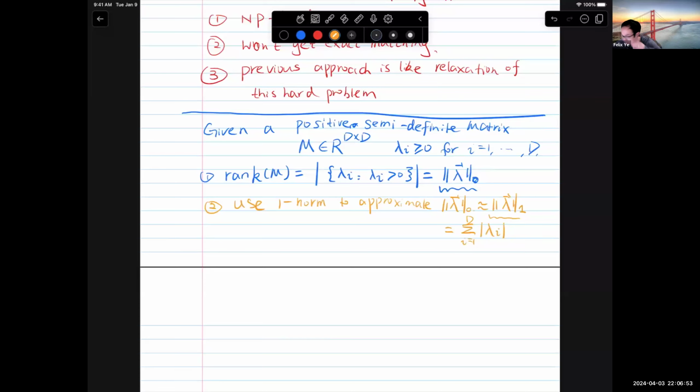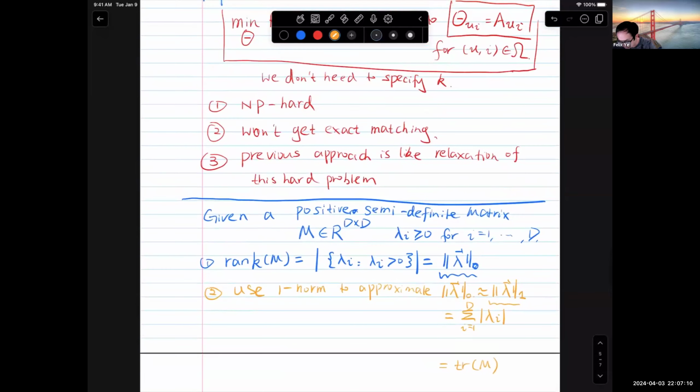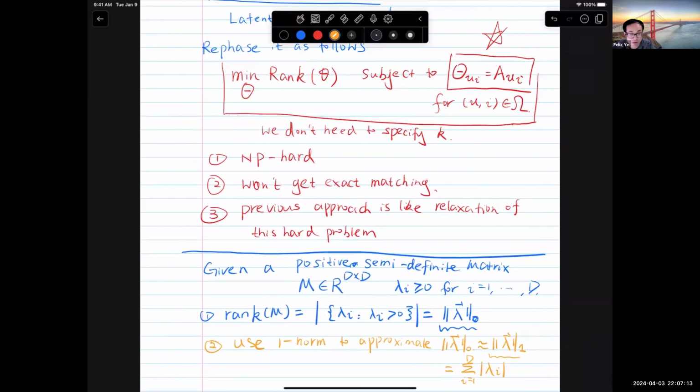Which is basically the trace of the matrix. So this is much easier to handle. That means we can find a way to relax these problems, right? We are trying to minimize this rank, but we know this rank is basically equivalent to the zeroth norm of that matrix.